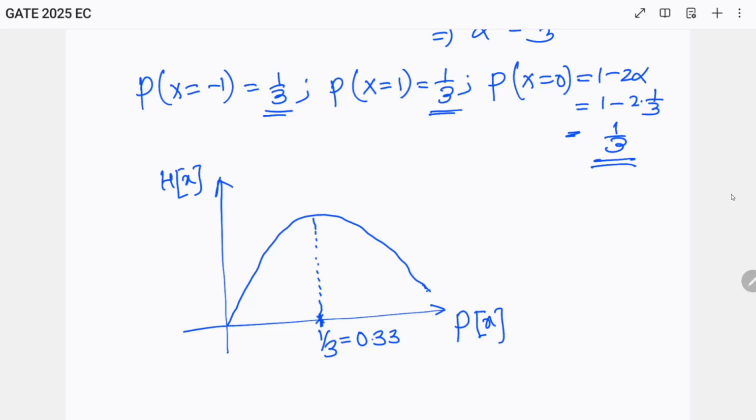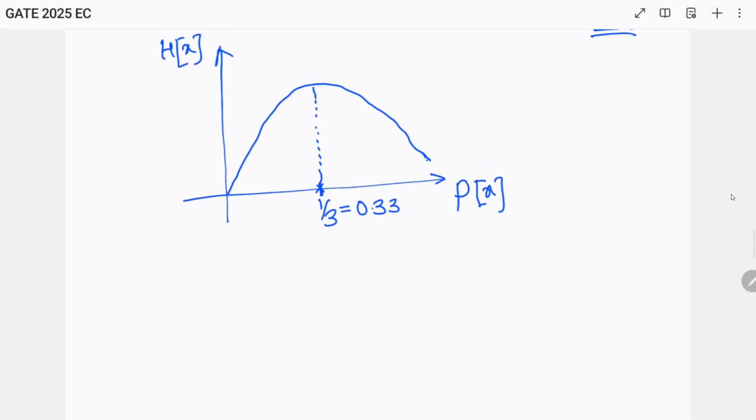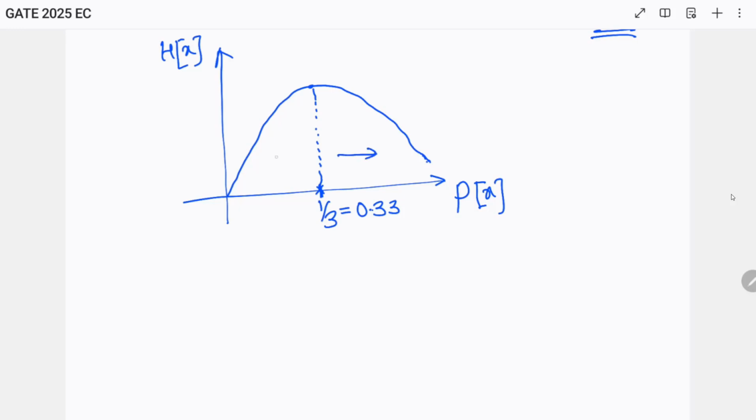Now I need to check the options. You can assume this is 0.33. At 0.33 the entropy is maximum. Beyond this side or that side it is decreasing in both directions, but maxima is at 0.33. So let me check the options.